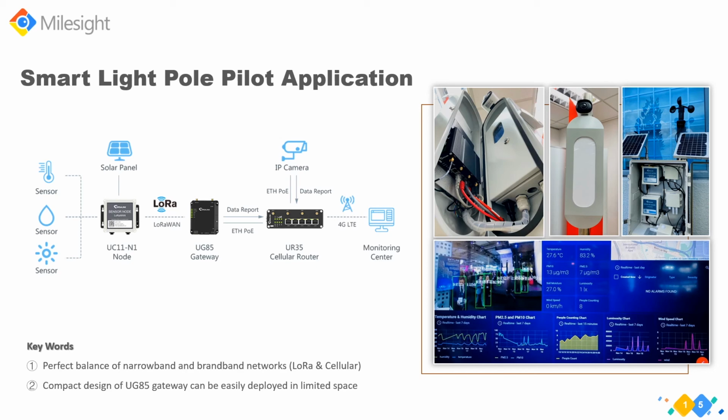So I think it's a very perfect combination or balance of these two different networks together. And by the way, our cellular router plays a very important role here, giving power to the IP camera and supporting power to our LoRaWAN gateway, and at the same time, using the same Ethernet cable, they can receive data from both the camera and the gateway.